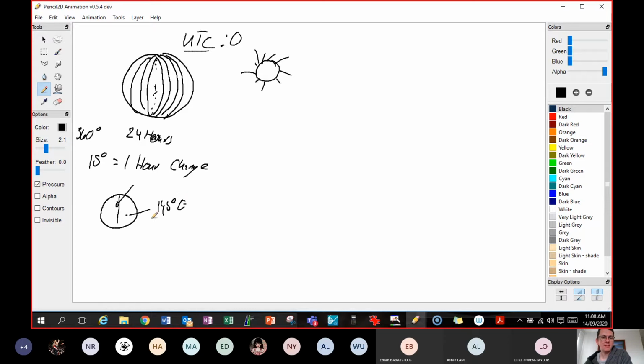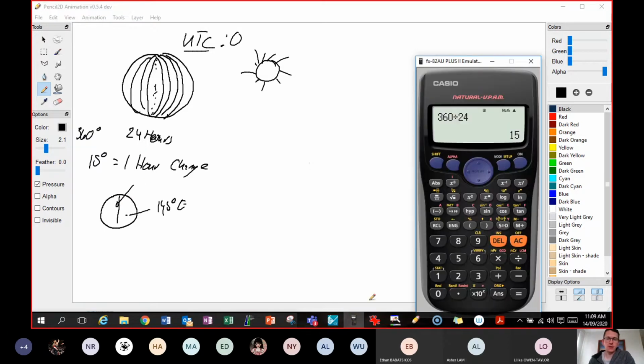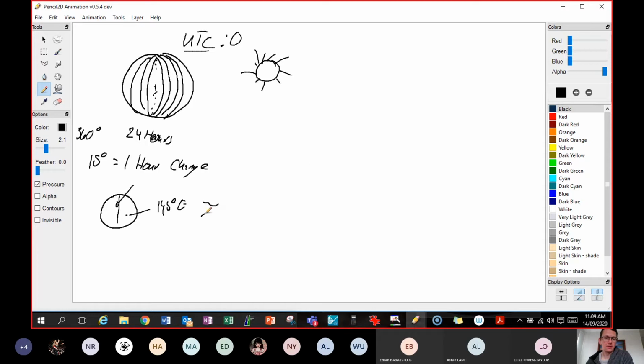Roughly, how far difference would the time be from here to here locally? Well, if 15 degrees is about 1 hour, all we need to do is take 145 divided by 15. It's approximately 9.9 hours, approximately 10 hours. So we are 10 hours.